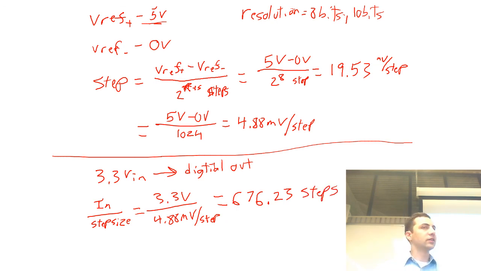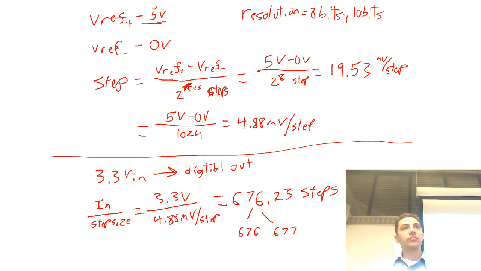And that is the first trap. This is not the answer. It's either going to be 676 or 677. It's an integer value. Has to be.